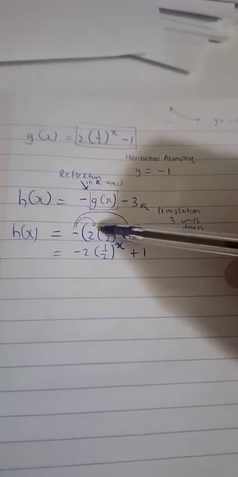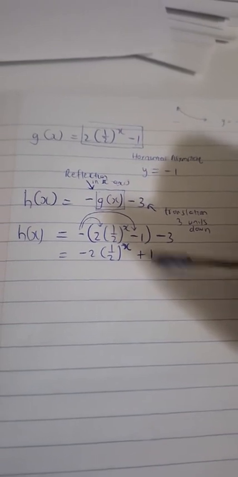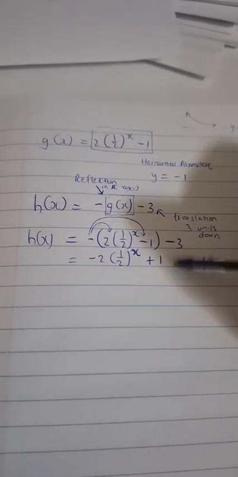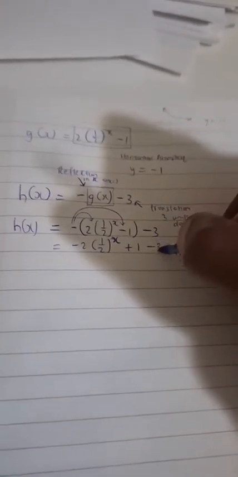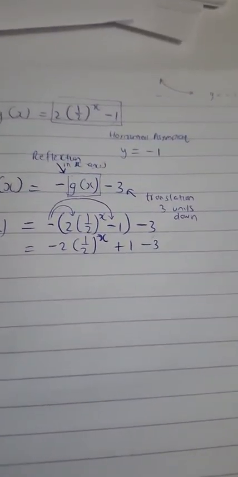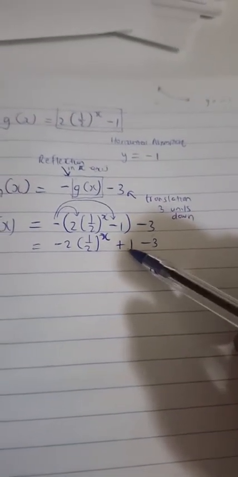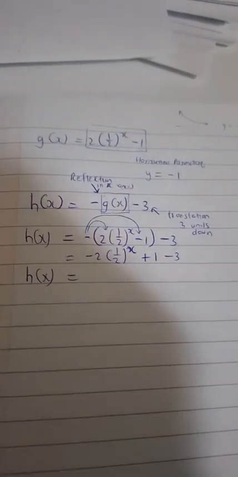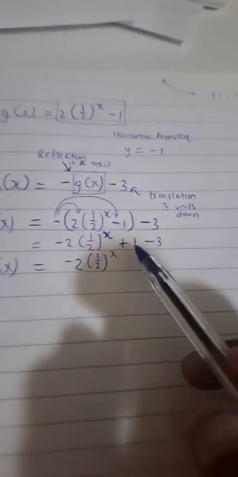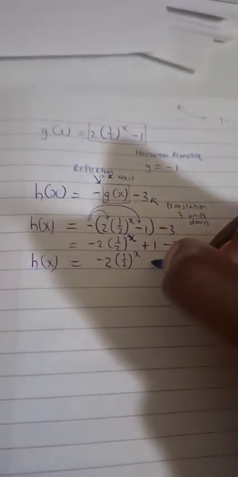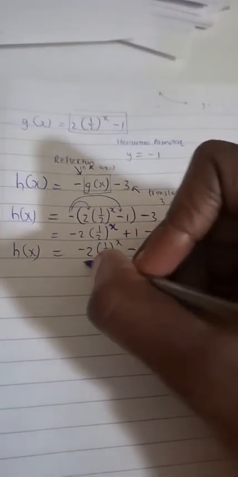By distributing the negative sign, I've just removed the entire bracket. Then the subtraction of 3 is now ready to have its share of the like term, positive 1. So our final answer, the function of h of x, is negative 2 half to the power x. What's 1 minus 3, guys? It is negative 2.